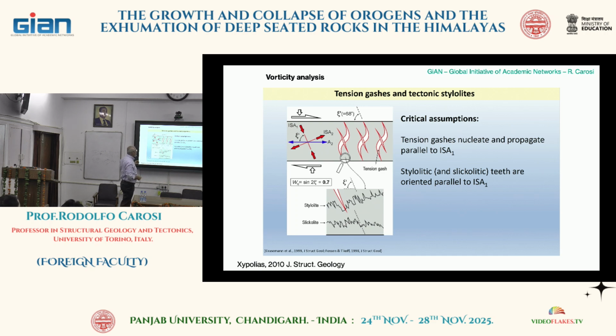So the tension gashes and also the stylolites. For the stylolites, remember that the peaks of the stylolites are more or less in the direction of sigma 1, or in the direction of the shortening.